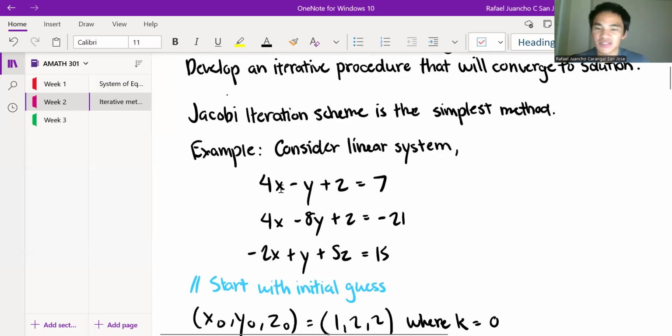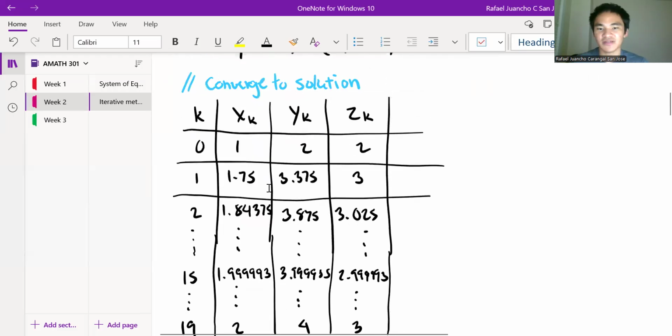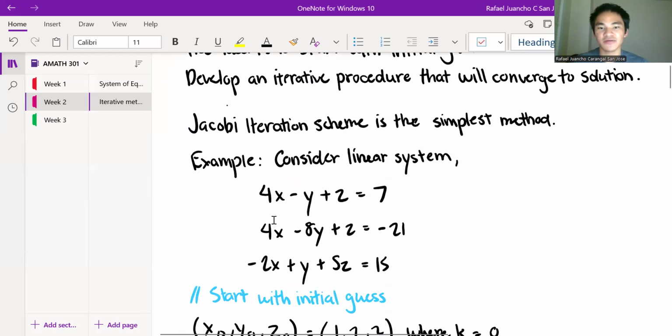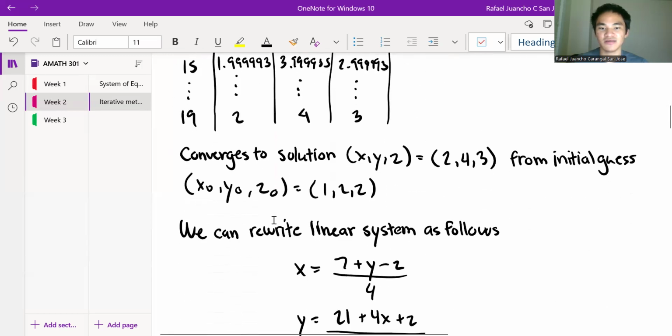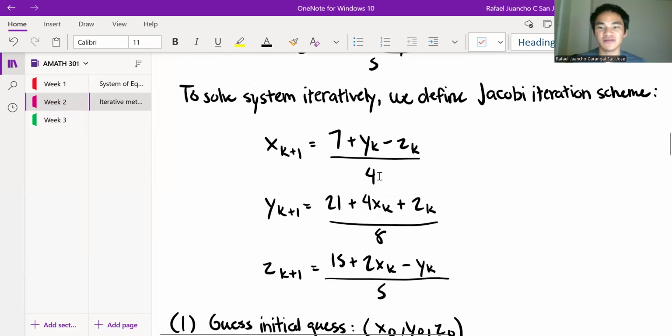So this is another way of solving Ax equals b besides the direct methods, and in some cases this is effective, right? So we introduced this Jacobi iteration scheme where we isolate x, y, and z right here, and then we attempted to solve this iteratively.